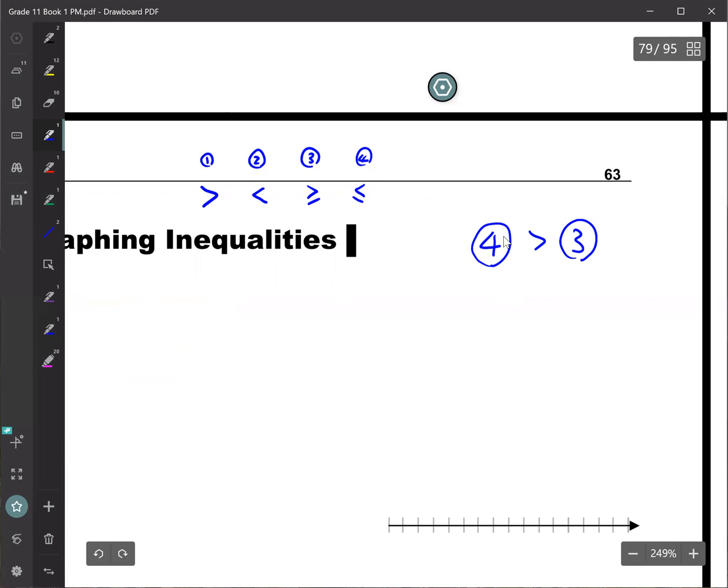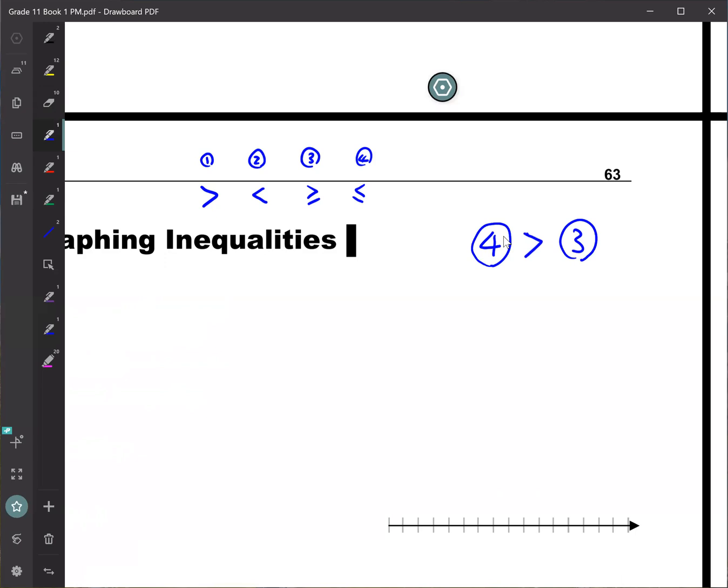But if you read from right to left, then we'll say 3 is less than 4. Okay, it means the same thing. It depends on where to read it from. But because we always read it from left to right, that's why the name. And remember, the opening of the sign is always open to the bigger one.